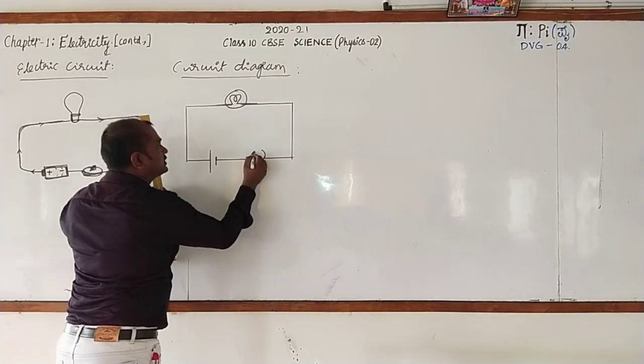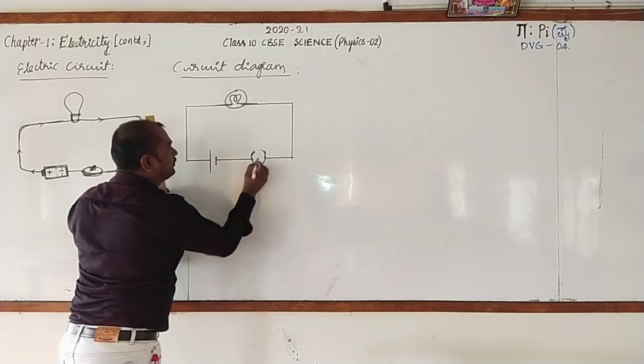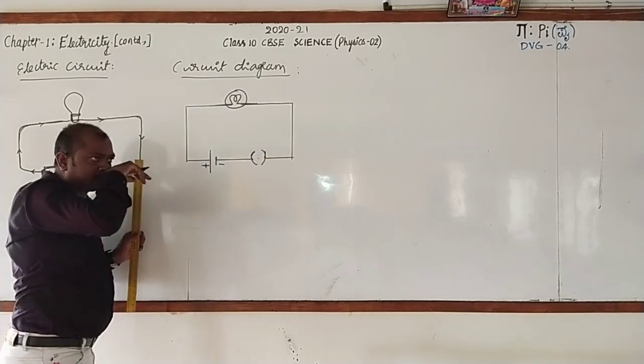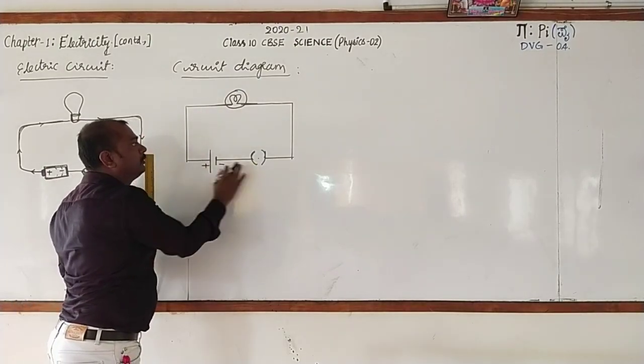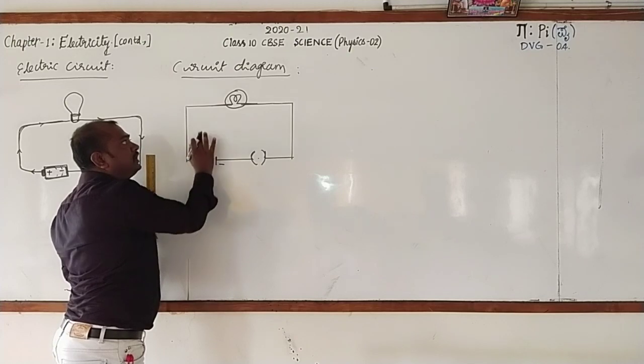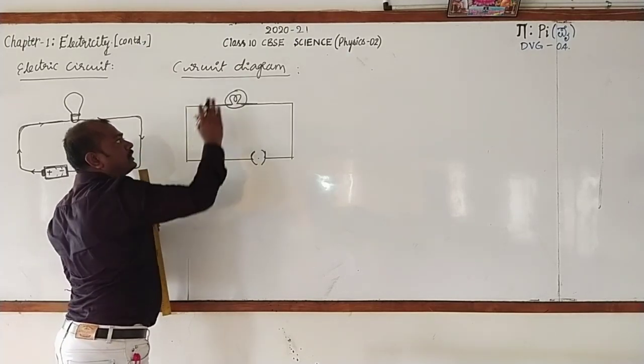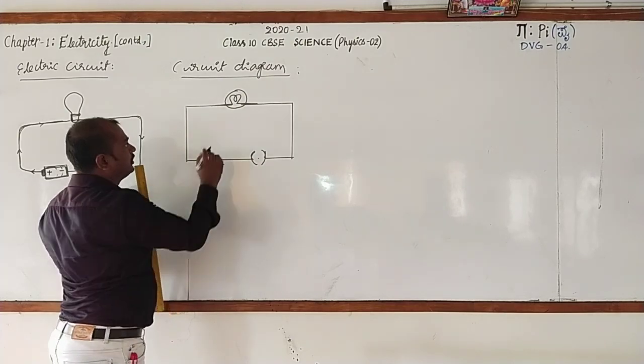Now, this is the diagram which represents how different electrical components have been connected by using the corresponding symbols of the electrical components, known as circuit diagram.